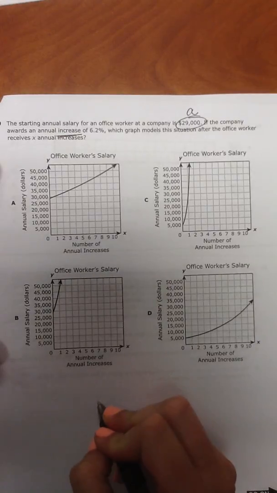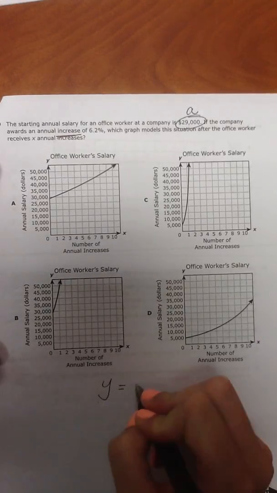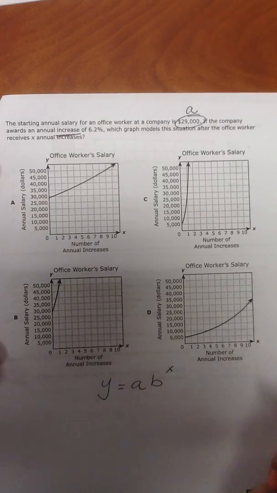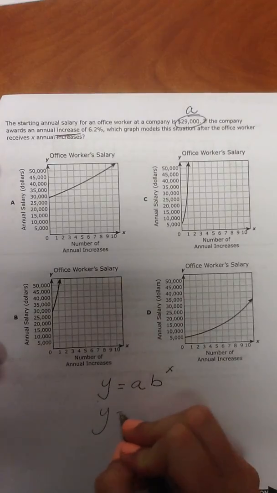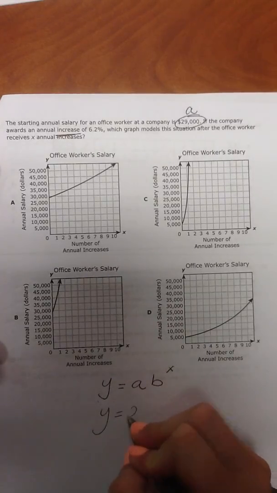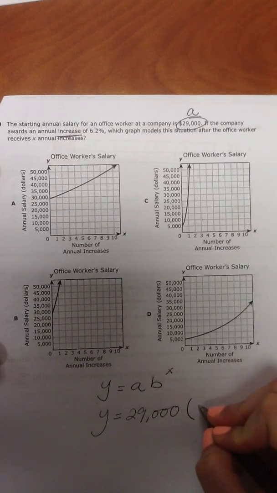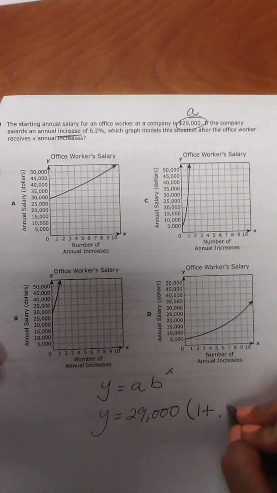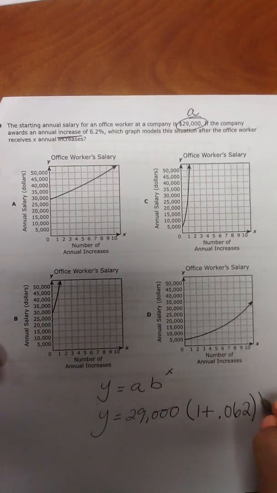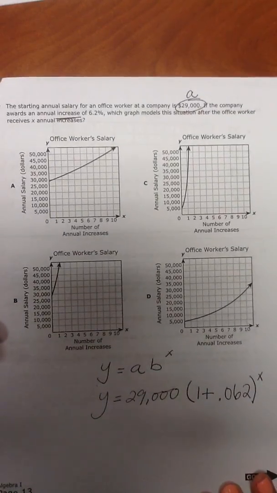So we know that this is going to be an exponential function because it's talking about yearly, it's talking about increase. We know that A is our starting value. We know that's 29,000, and we know that it's increasing, so 1 plus 0.062 raised to the X power, right?